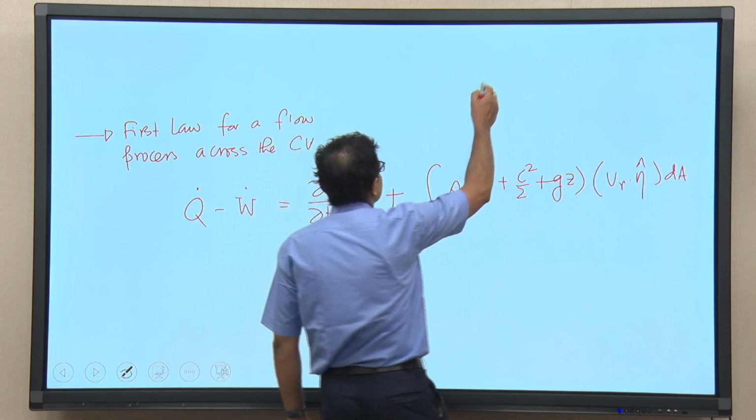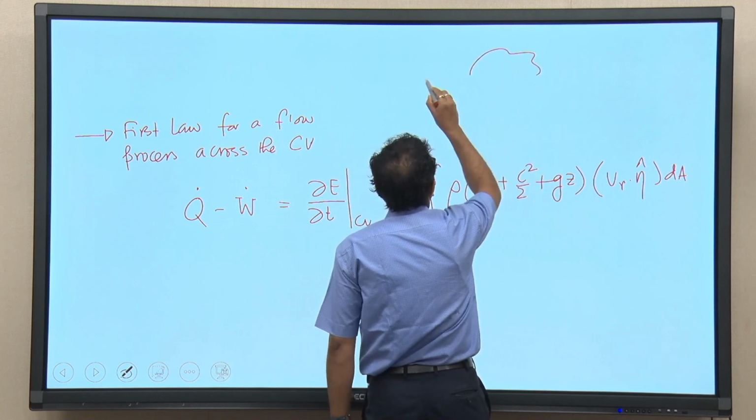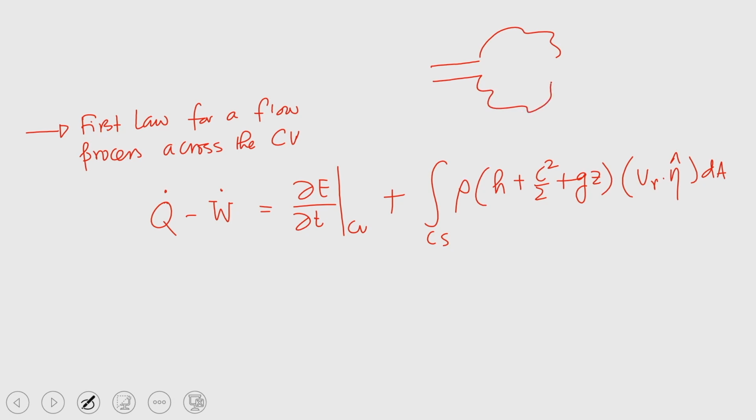So, if we consider a control volume, this is the inlet I and that is the outlet, that is E, exit. The flow is taking place and this is the control volume. This is the control surface and this is CV. Over this cross section the flow properties remain the same.